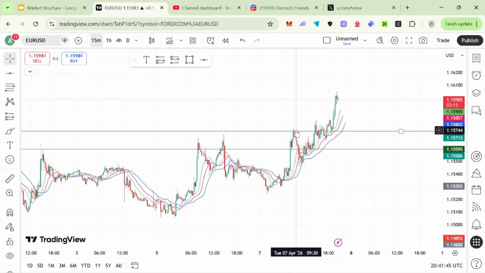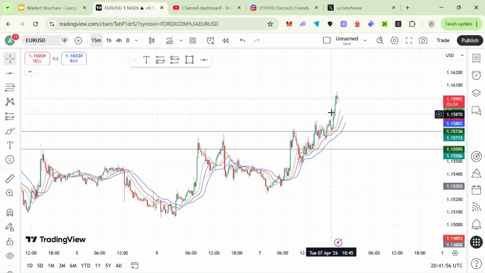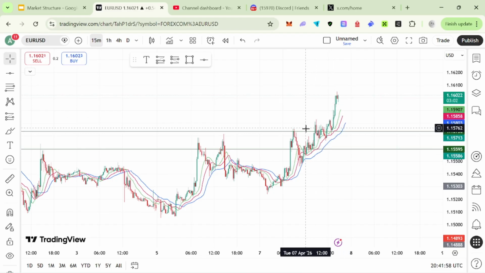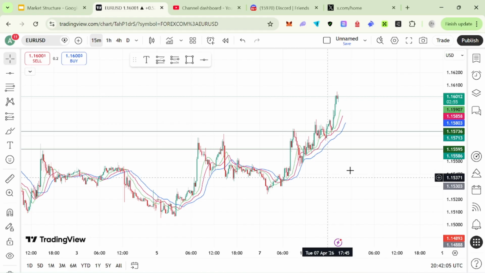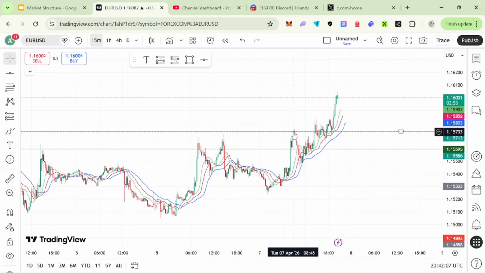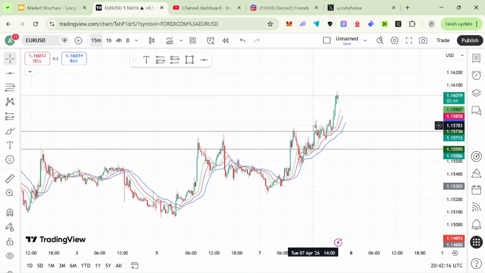So when price broke above this point here, we were simply waiting for price to come back and retest it, which price did before moving to the upside. During that period of time when we were waiting for price to retrace, we already had a setup here, because this resistance was broken and it had turned support, so we were waiting for price to test it and move to the upside. That became a setup that we were looking out for.